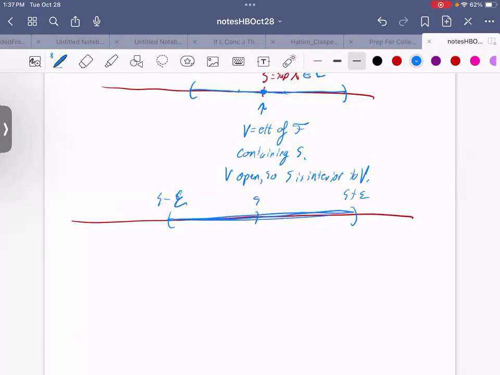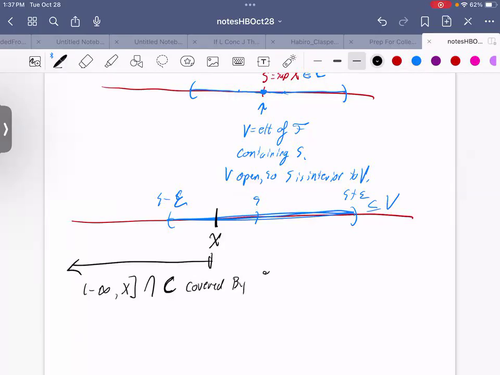That stuff in blue is a subset of V. Here's X. Negative infinity to X. If I intersect that with C, that's covered by G sub X. Wait. So what if I want to take a number here, like S plus epsilon over 2? Let's try to convince ourselves that that's also in the set big X.